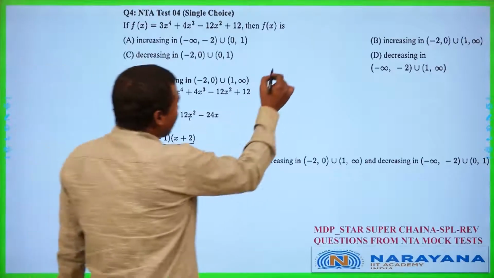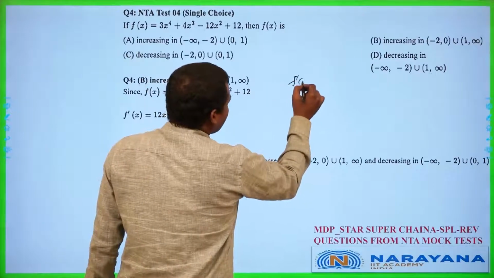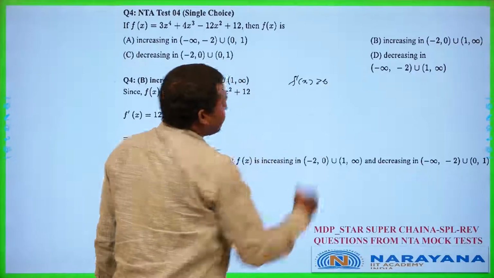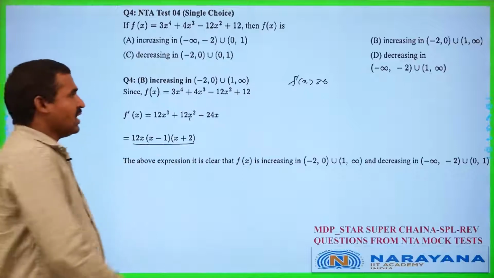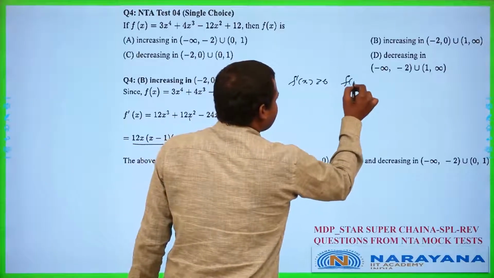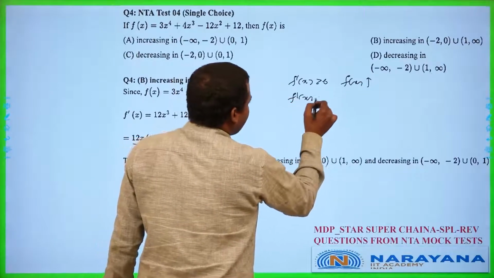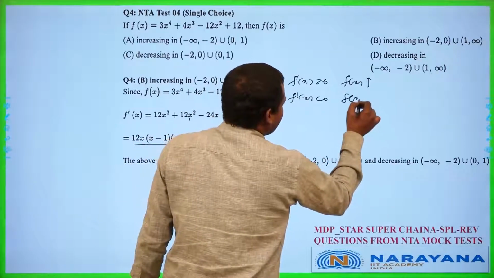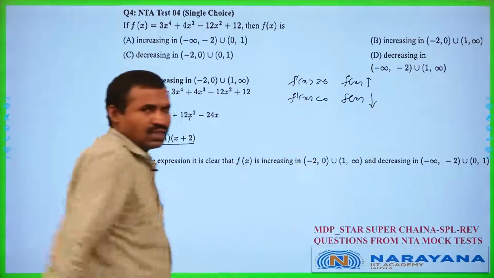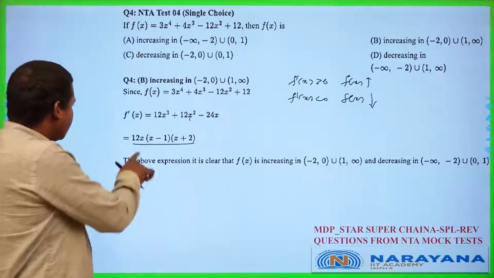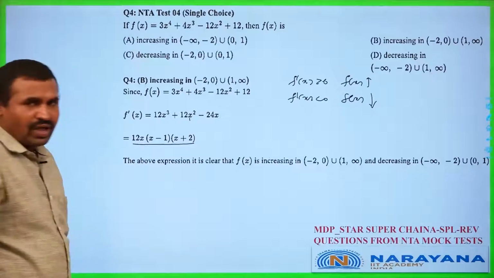So, we know that if f dash x is greater than 0, then f of x is increasing, and if f dash x is less than 0, then f of x is decreasing. So, this is 12 x into x minus 1 into x plus 2.